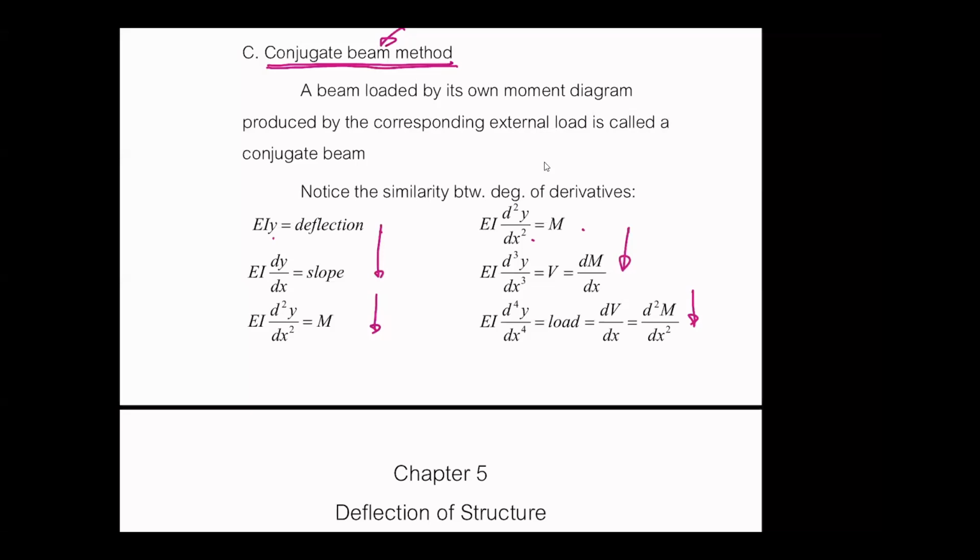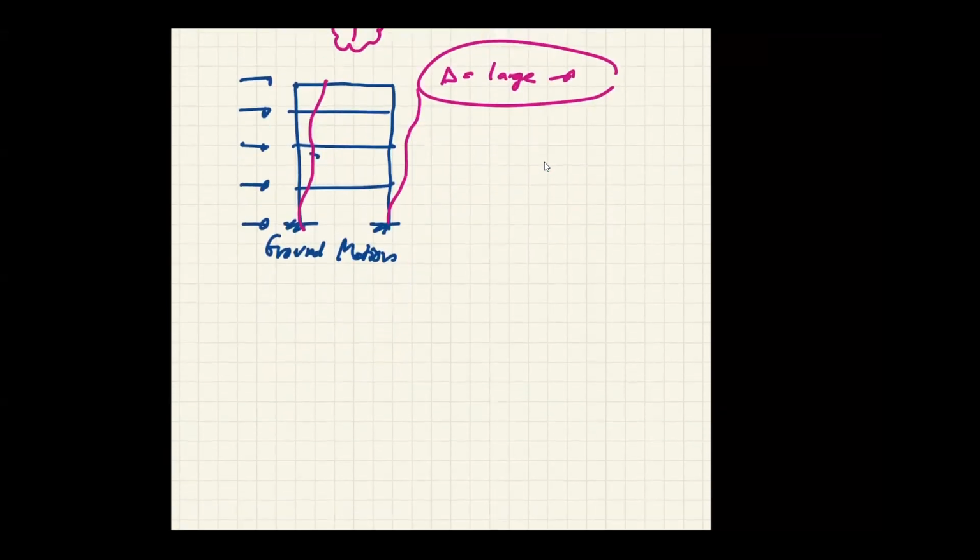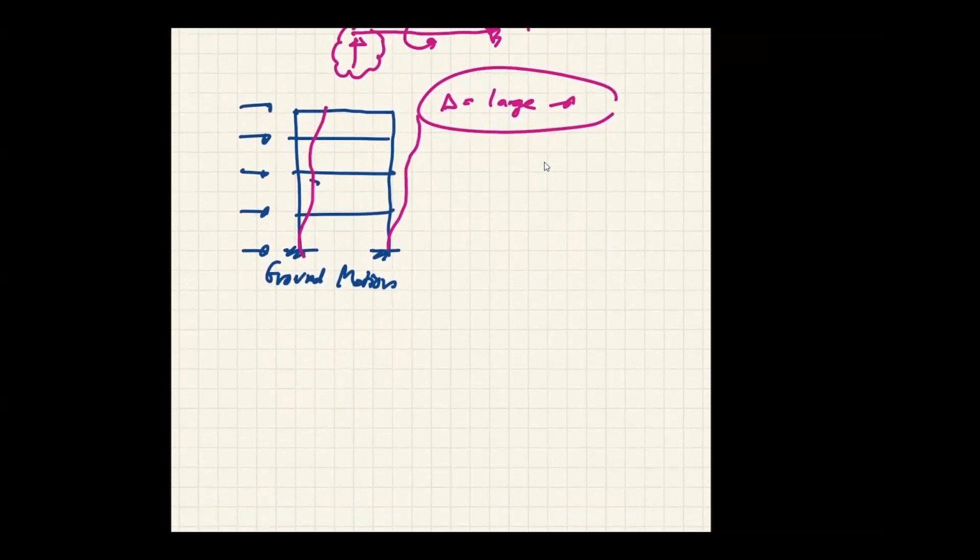So if I put the bending moment diagram on the beam, for example, sorry, need another page. Let's say if I have a simple beam with a simple load like this, my bending moment diagram is going to look like this, right?